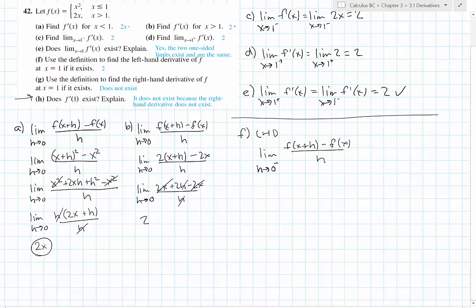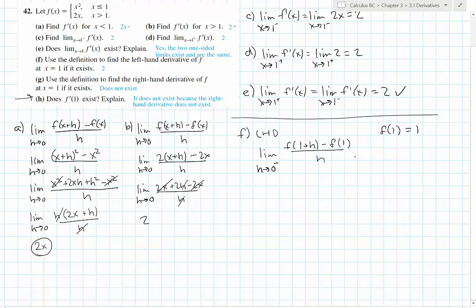Now, in this case, we know x is 1. So let's go ahead and change our x's to 1s. And a little note here, f of 1, as defined by the piecewise function, is equal to 1 using the x squared.